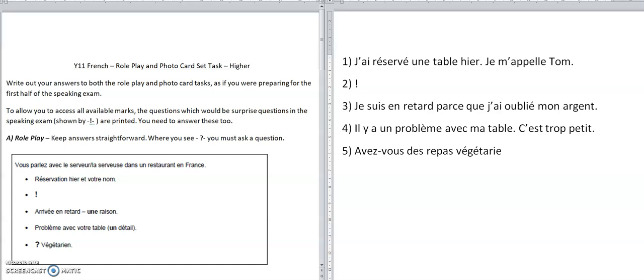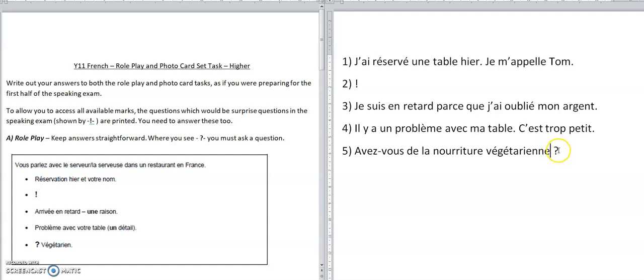Do you know food? Avez-vous de la nourriture? Nourriture végétarienne. Feminine then, but we're only going to lose little language marks if the agreement's not totally right. Avez-vous de la nourriture végétarienne? Have you got any vegetarian food? That would be full marks.